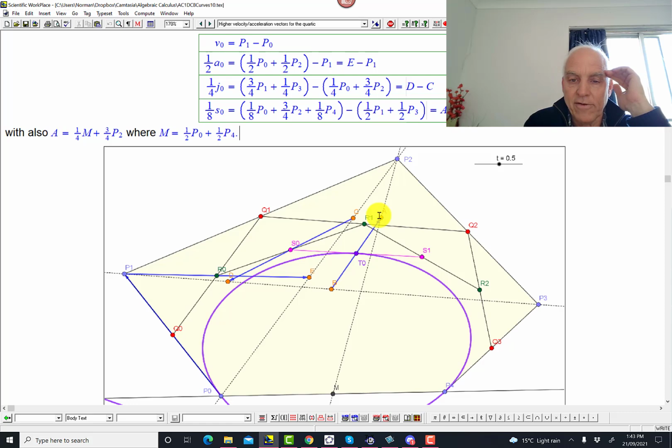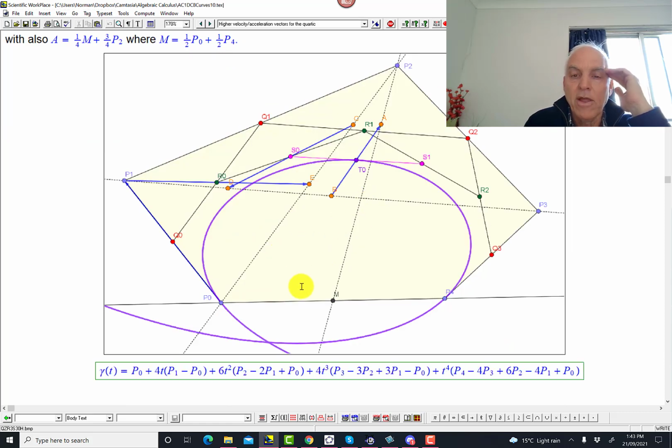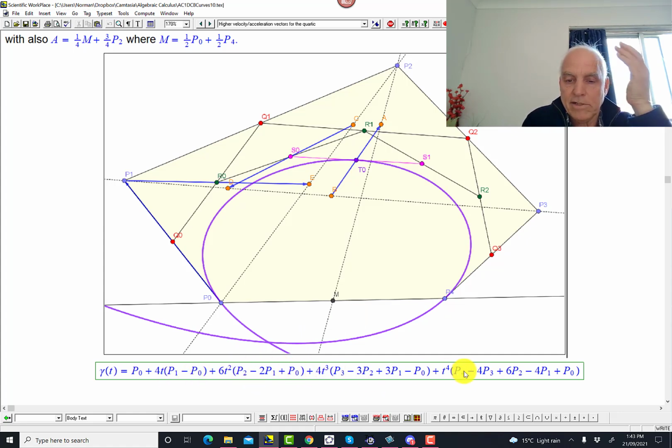Okay, so let's just scroll down here, admire this. So we have our Casteljau Bezier polygon here, which is these 5 points. But now associated to those are these vectors, which are intrinsically associated with the curve. These are the coefficients of ascending powers of t, aside from the binomial coefficients.